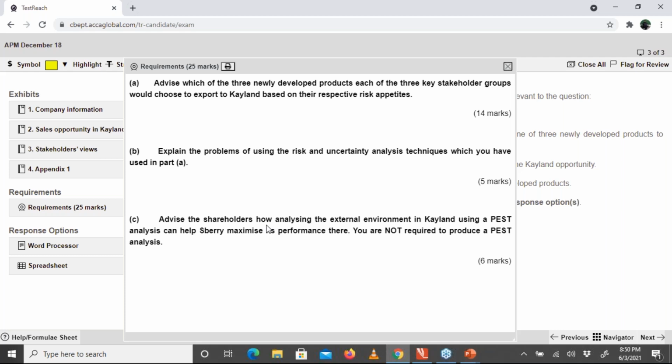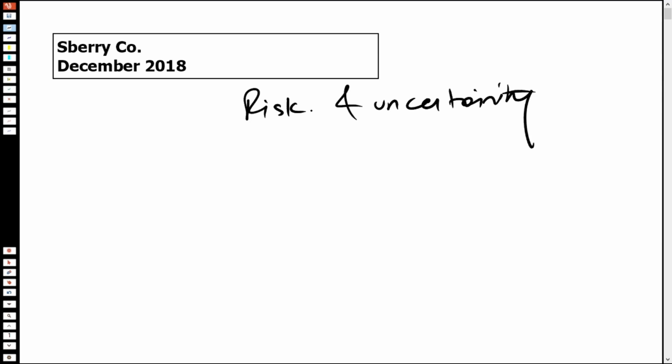Okay, let me guide you a bit with respect to risk and uncertainty. When we talk about this concept of risk and uncertainty, there are a few things you need to understand: what exactly do you mean by risk, and what exactly do you mean by uncertainty.